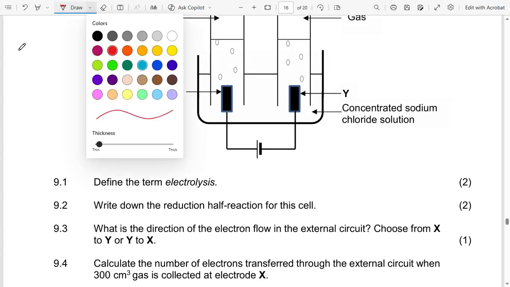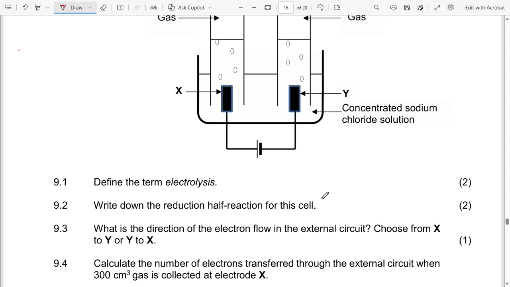The first question says define the term electrolysis. What is electrolysis? Electrolysis, we know, is a process in which electrical energy is used to force a chemical reaction to occur.